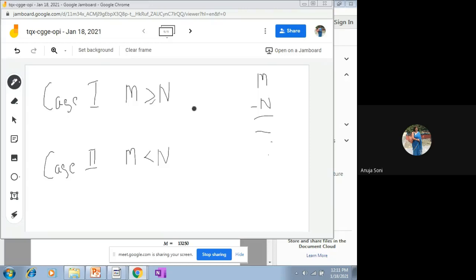Now I'm explaining the steps. First of all, again I'm writing down the very first step I explained. You have to take the r's complement of the negative number, the r's complement of n, where n is a negative number.